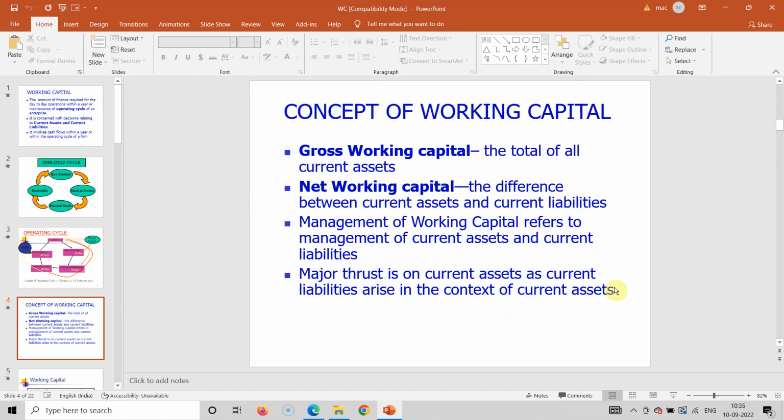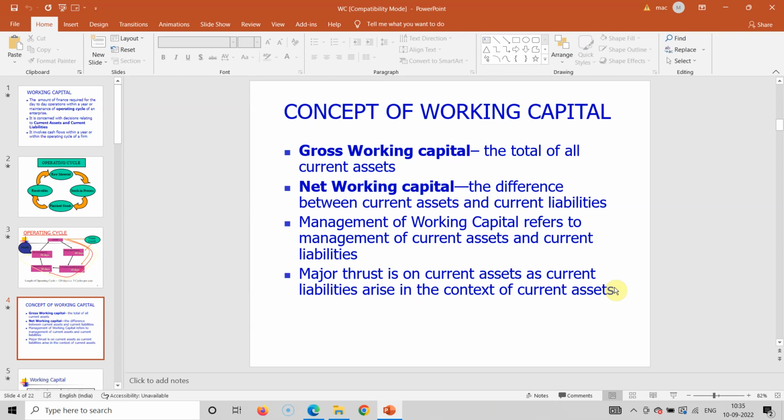Concept of working capital. Gross working capital, the total of all current assets, is gross working capital. Net working capital is the difference between current assets minus current liabilities. Management of working capital refers to management of current assets and current liabilities. A major thrust is on current assets, as current liabilities arise out of the money that has been put into the current assets.